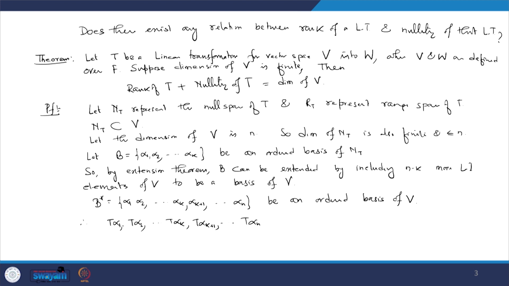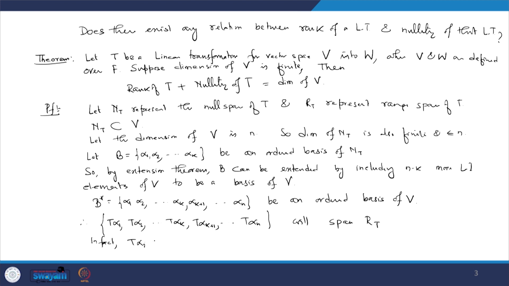So, this set will span the range space R(T), because any element of V can be written as a linear combination of alpha 1 to alpha n. So, any element in the range space will be a linear combination of T alpha 1, T alpha 2, ..., T alpha n.